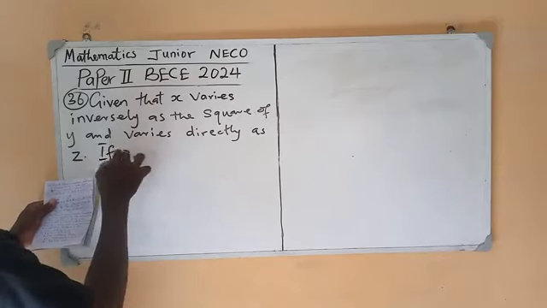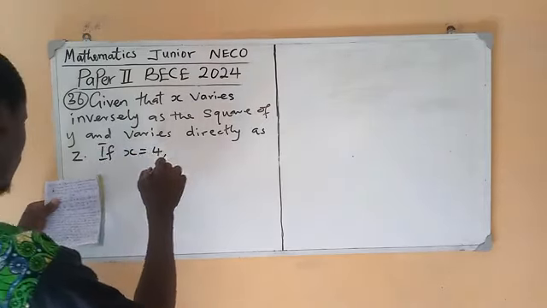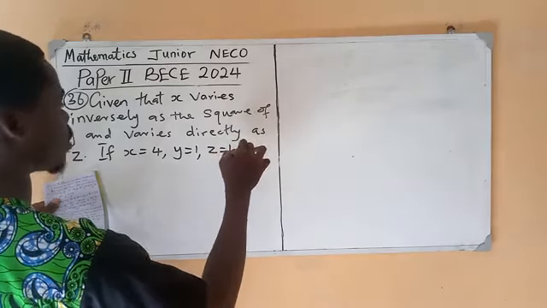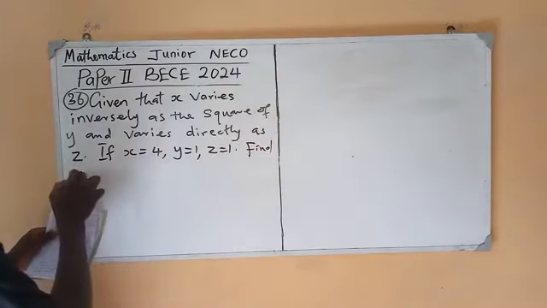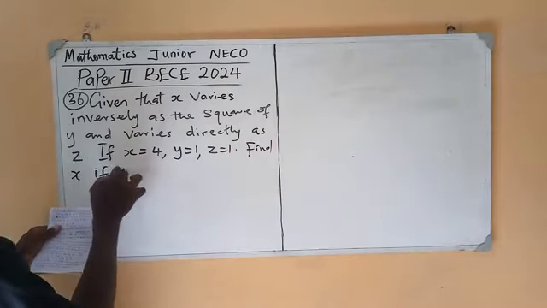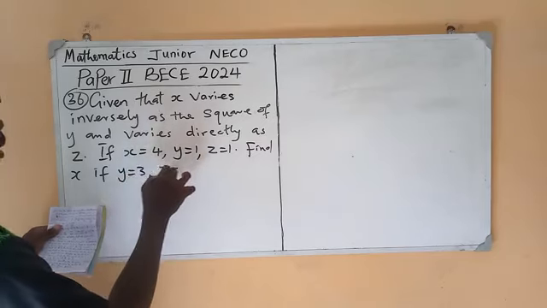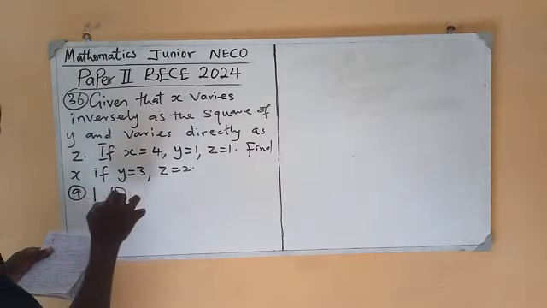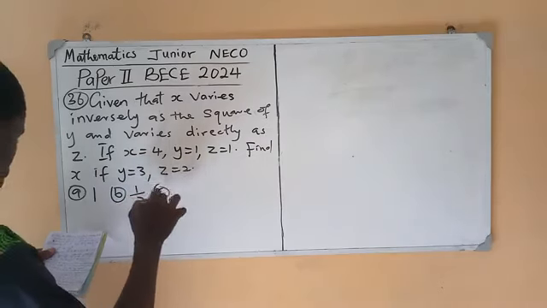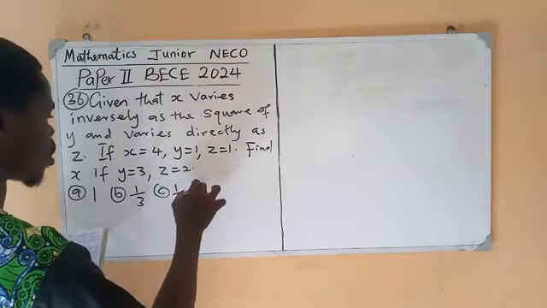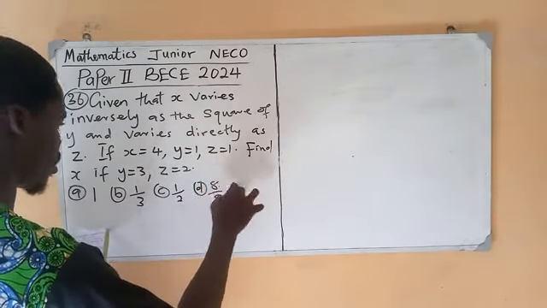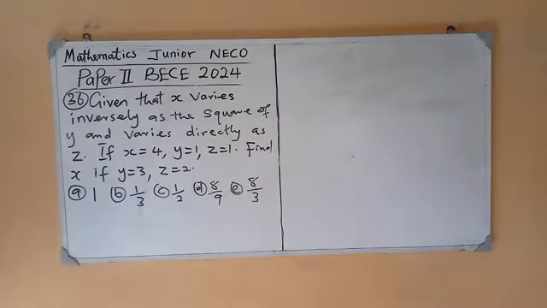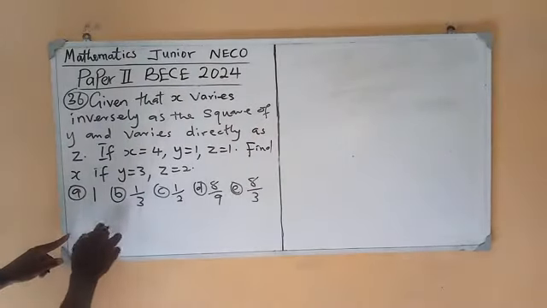Now, if x is 4, y is 1, and z is 1, then find x if y is 3 and z is 2. The options given are 1, 1 over 3, 1 over 2, 8 over 9, 8 over 3.